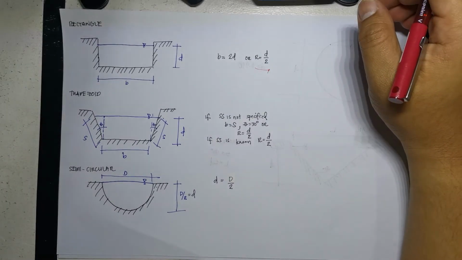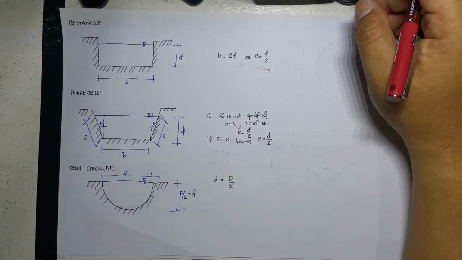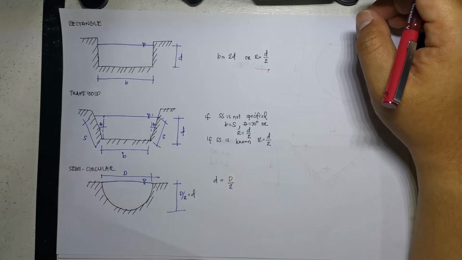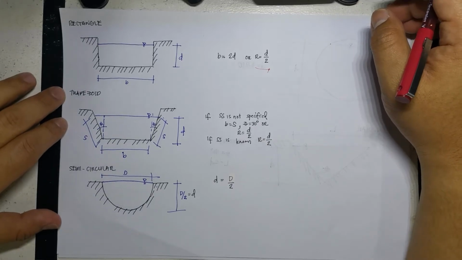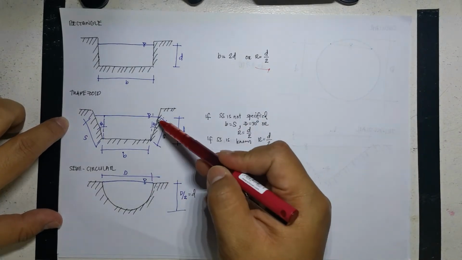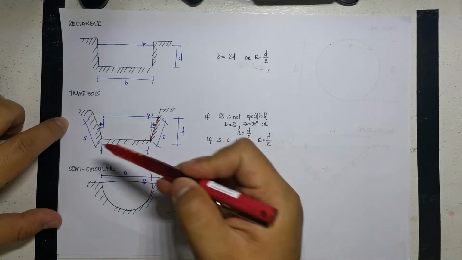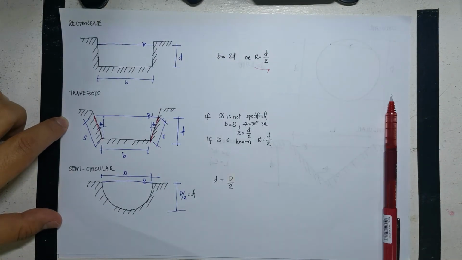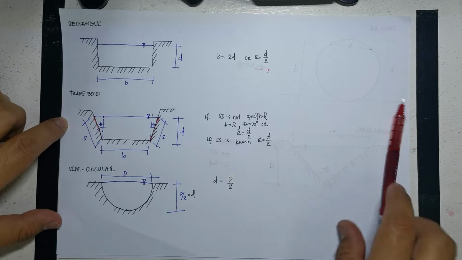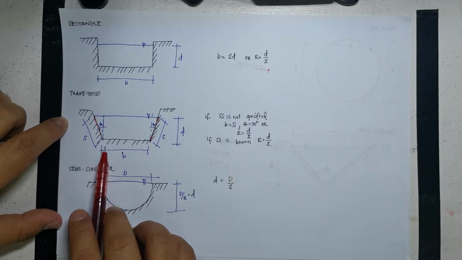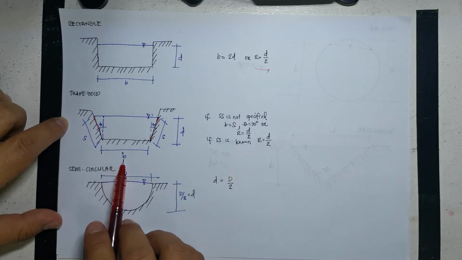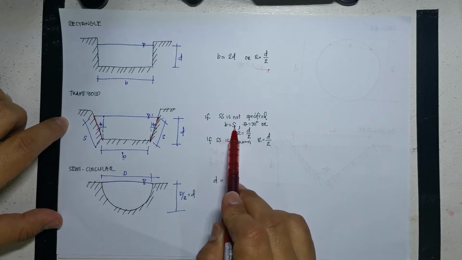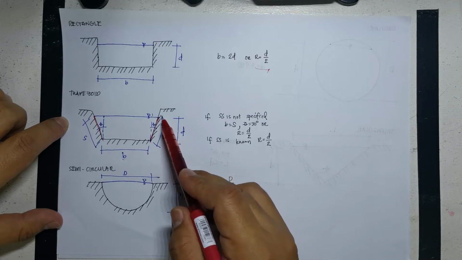Then for the trapezoidal section, there are two cases, depending on the problem or situation. If the side slope is not given, the most efficient section will be when B, the base of the channel, is equal to S, the length of the side.